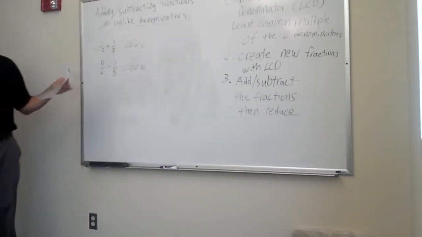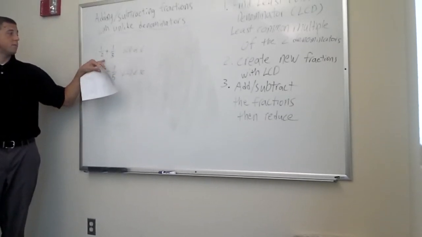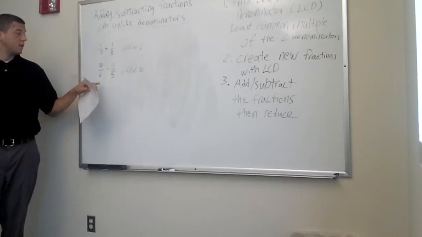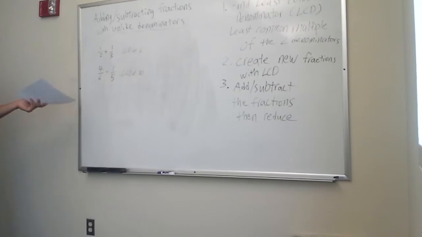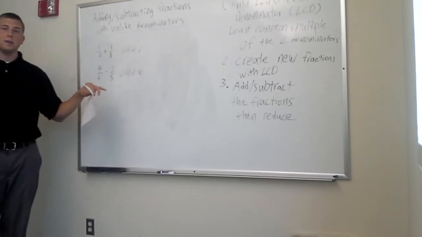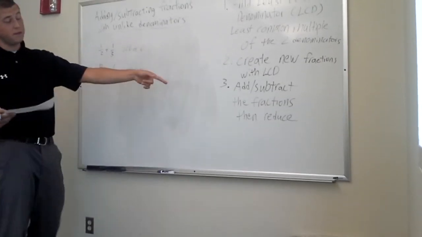Now, I know you guys are looking at these ones like, oh, well, all I have to do is multiply 2 times 3 to get my LCD of 6, and 6 times 5 to get my LCD of 30. Now, that happened to work out in these two problems, but that's not always going to work. That won't always be the easiest LCD. So what I want you to do is to always follow these steps.